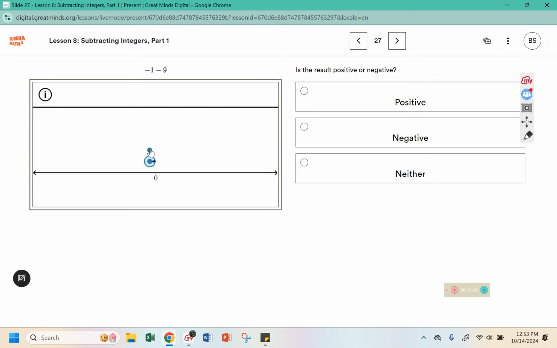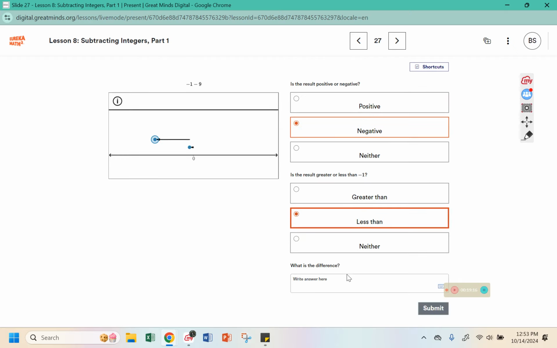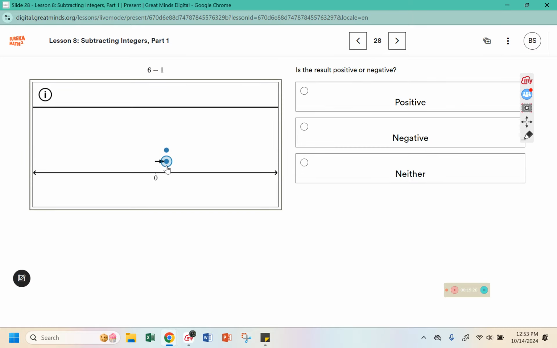-1 and go backwards 9. This is in the negatives, and it is below -1, so it is less than. And our final answer should have a sum or a difference of -10. 6 to the right and 1 to the left.